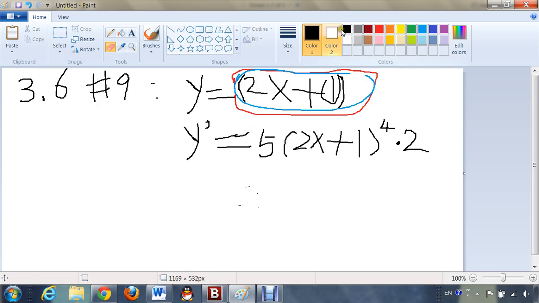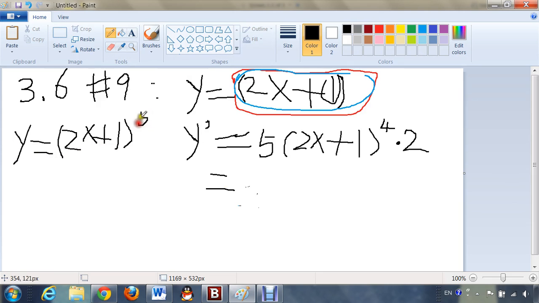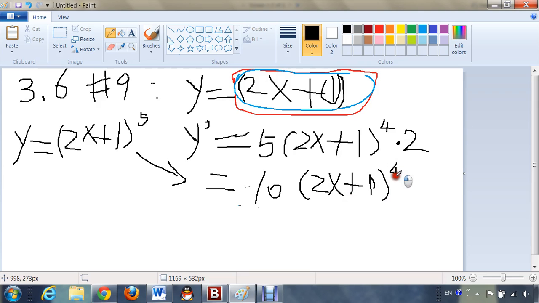So the answer to this question, the derivative of the original expression, 2x plus 1 to the 5th power, is this: 10 times 2x plus 1 to the 4th power.